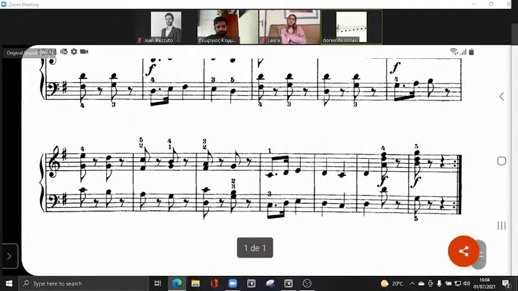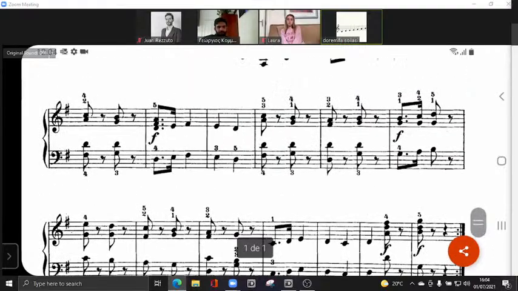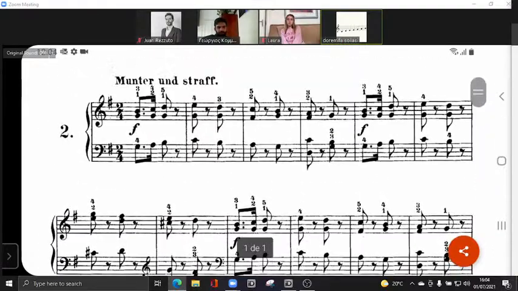I think I wouldn't use it. That is your decision. Maybe the two chords at the end you could use the flutes, but in general it's in a low register, so it would be better not to use the flute.